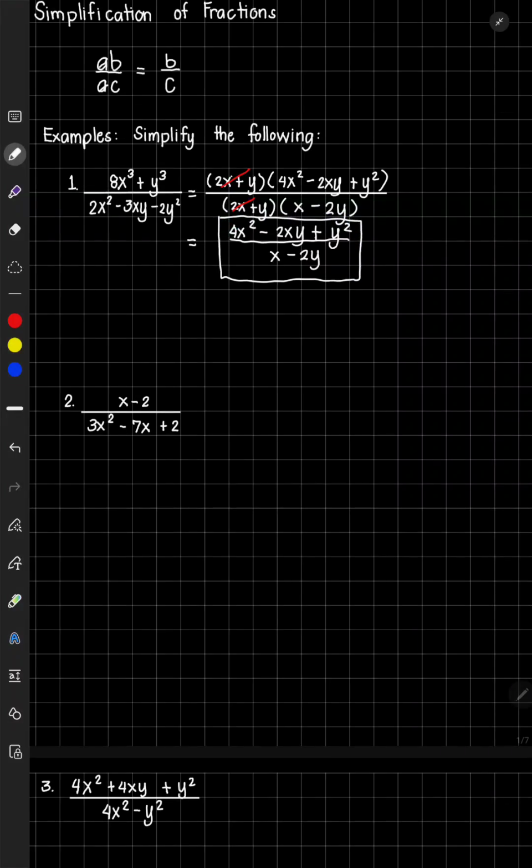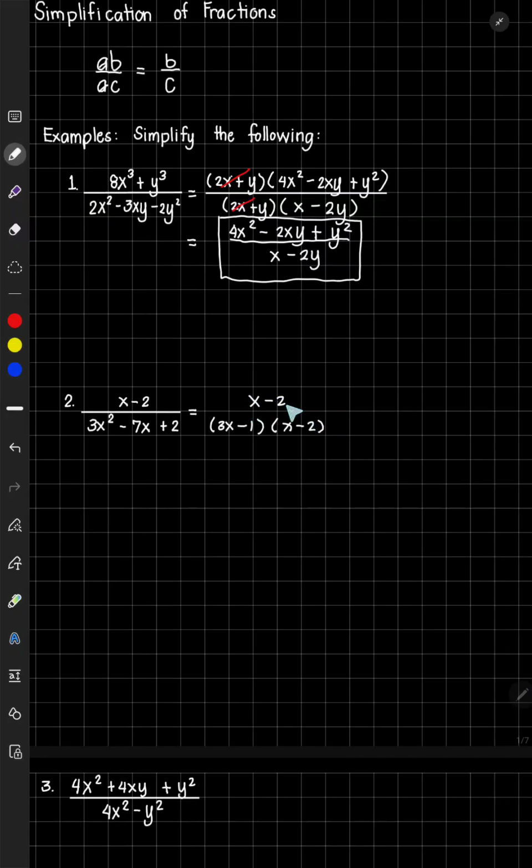For example number 2, for the numerator, we cannot factor it further because that is the simplest form for that polynomial, but we can get the factors of the denominator, which is 3x minus 1 multiplied by x minus 2.